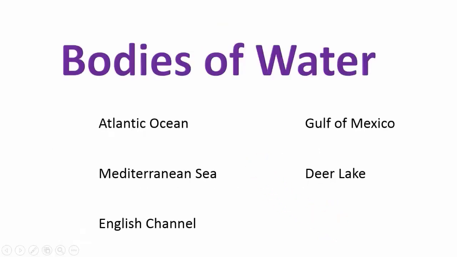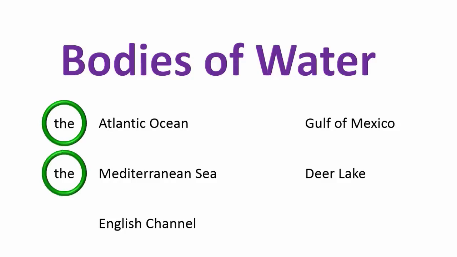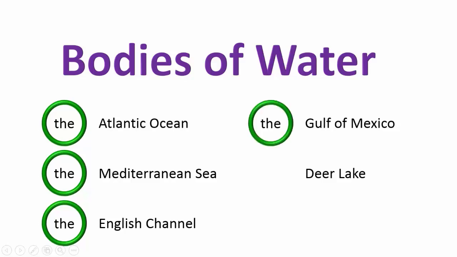So let's just test yourself right now and see if you remember. So Atlantic Ocean, with oceans, you always use "the." Mediterranean Sea, with seas, you always use "the." English Channel, with channels, you always use "the." Gulf of Mexico. Here is an easy rule because it's got "of," so you know that it always uses "the." Deer Lake.